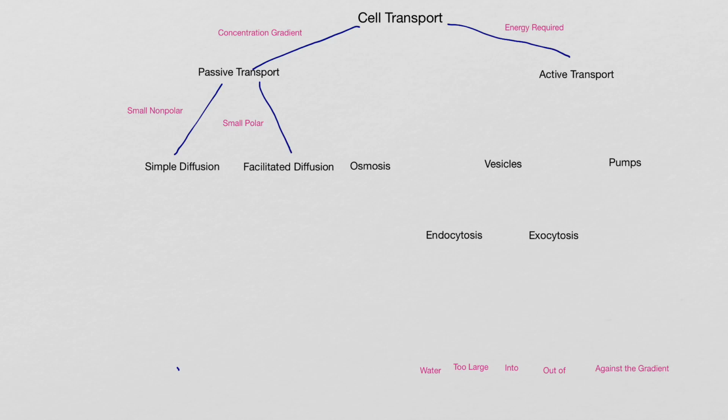And so, like we've talked about before, you have to build like a doorway or a passageway. The way that you do that is that you take a protein that has a shape with a hole in the middle of it, and then it can allow those things to go in and out. So anytime you have facilitated diffusion, even though there's a concentration gradient, you have to have that passageway or doorway made out of protein to be able to have things go back and forth.